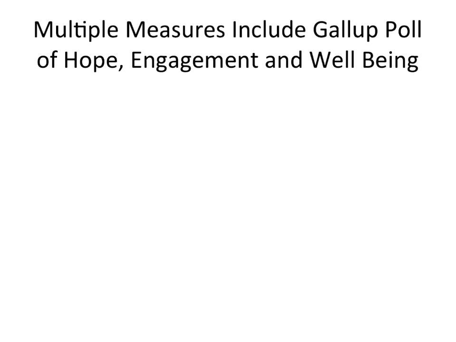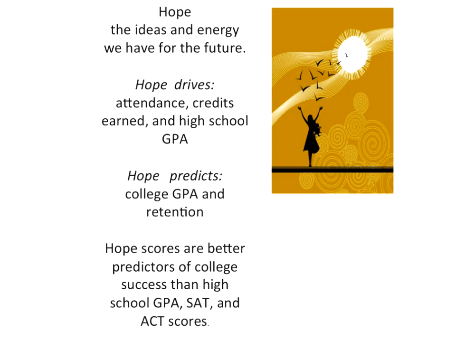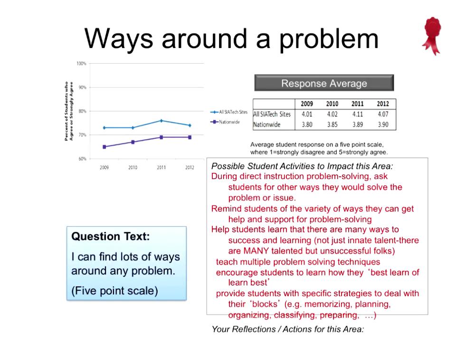And then the final piece of information that we use to assess our students is the Gallup poll, and Ernie talked about this a little bit earlier. So once a year we do this, and it measures some of the different things that are not the academic so much, but hope. And so you can see here basically what this drives, and it's a really good college GPA predictor, and it helps the students on what they're going on to the next level.